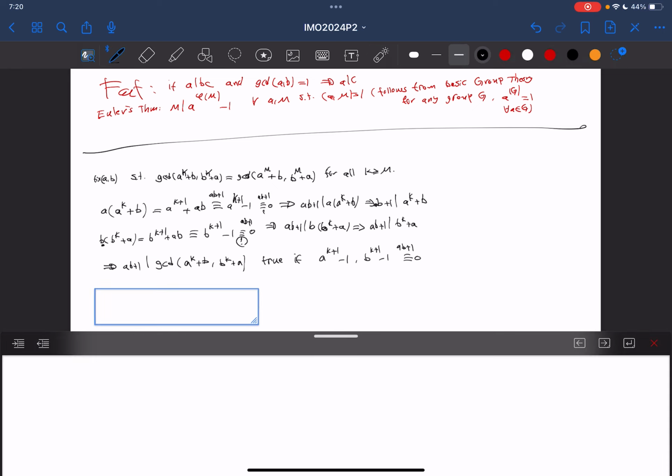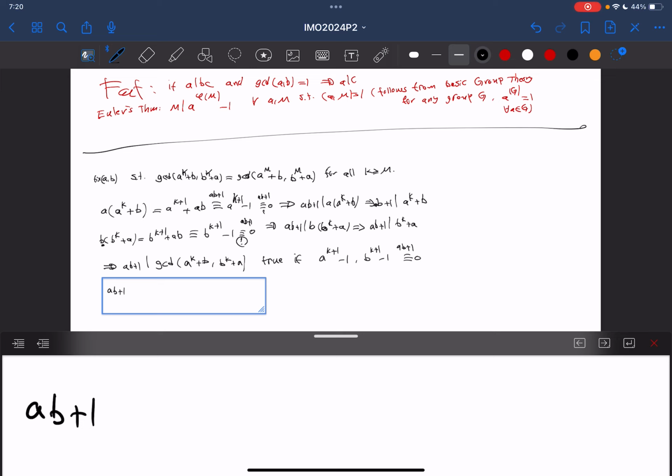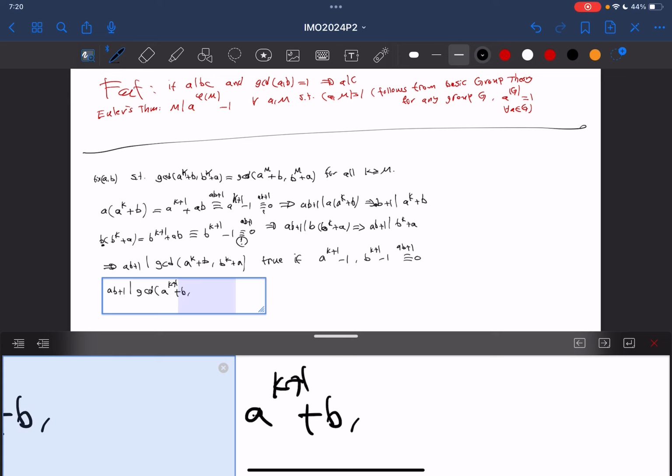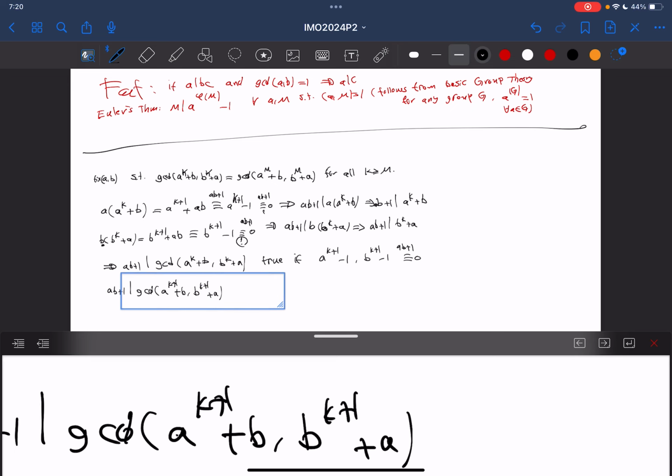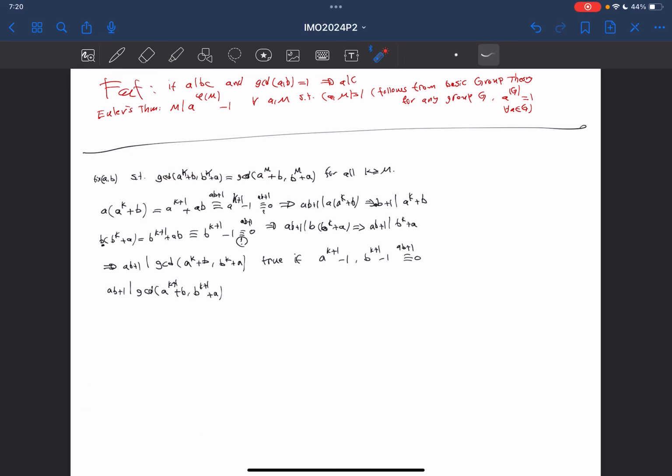conclusion here, but something very interesting happens here. And the reason for this is that this would imply that ab plus 1 divides the GCD of a to the power k plus 1 plus b and b to the power k plus 1 plus a. Why that's true is exactly because of this assumption here.